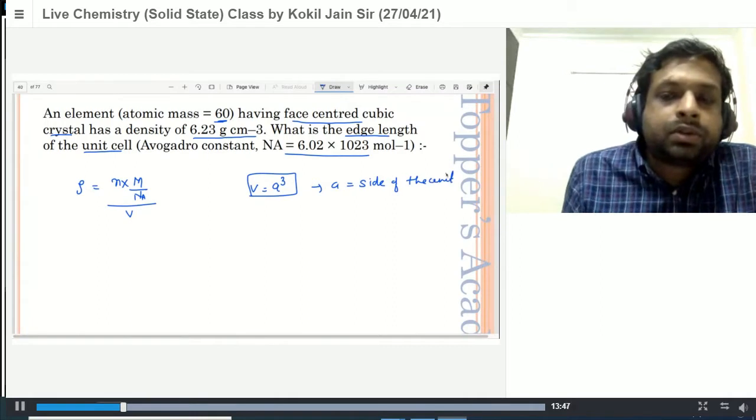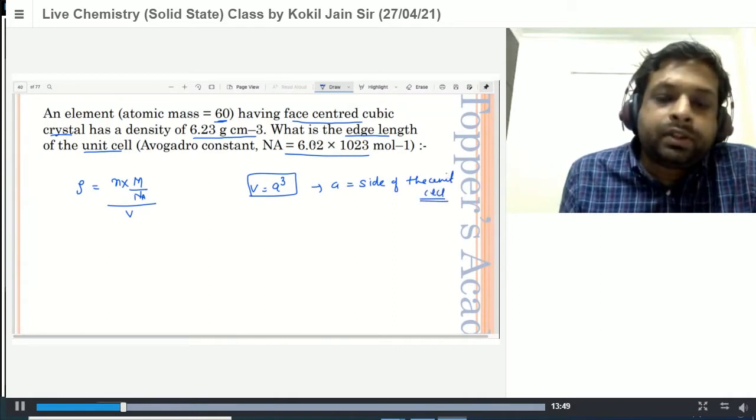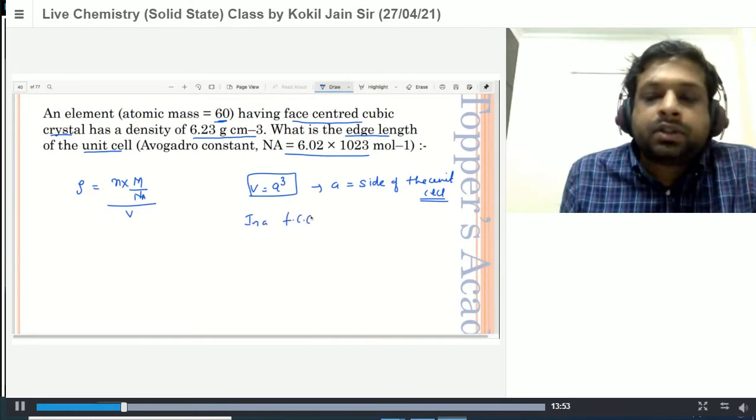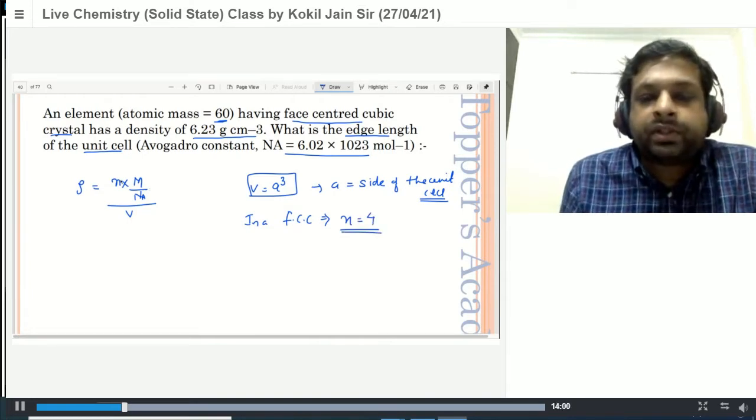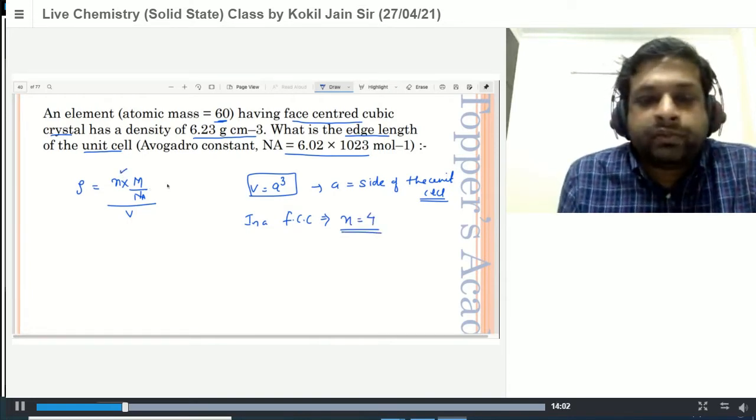Where d is the density. In a face-centered cubic crystal, the number of atoms n is equal to 4.